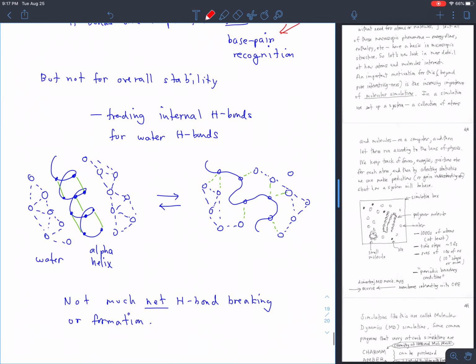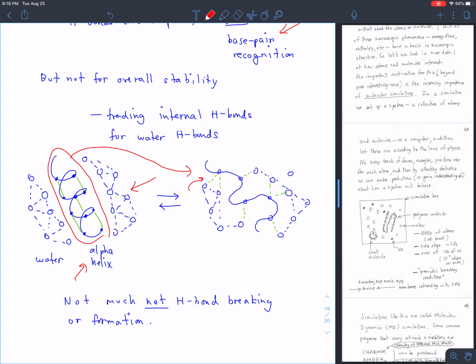It kind of looks like they are, right? If I have an alpha helix here, and I've got hydrogen bonds going between pairs of donors and acceptors along the length of the alpha helix, you might say to yourself, well, those hydrogen bonds are holding this alpha helix together, and that isn't quite right, and here's why. It's because if you unfold that, the hydrogen bonds get broken as you're unfolding, but they immediately can form hydrogen bonds with the surrounding water, right?